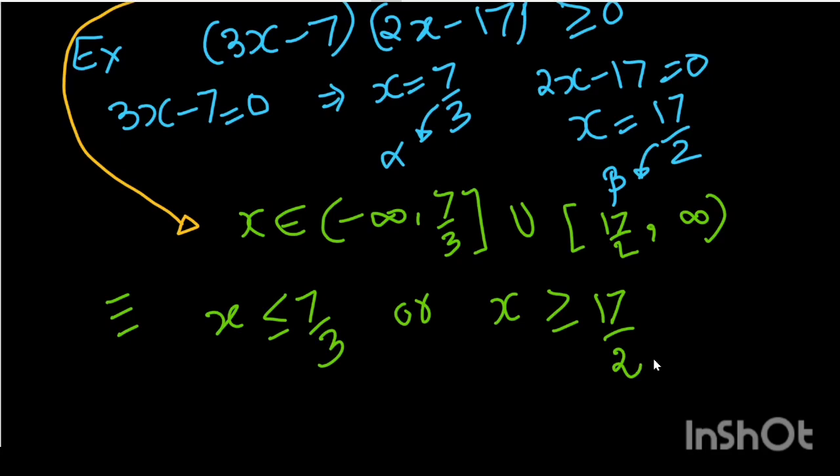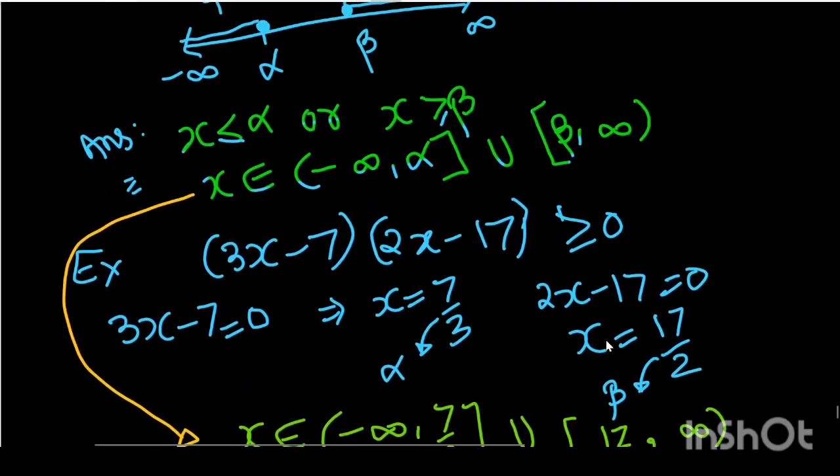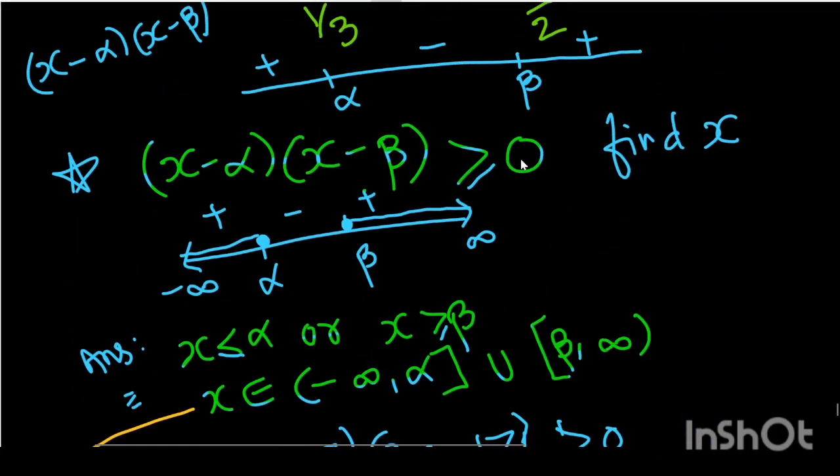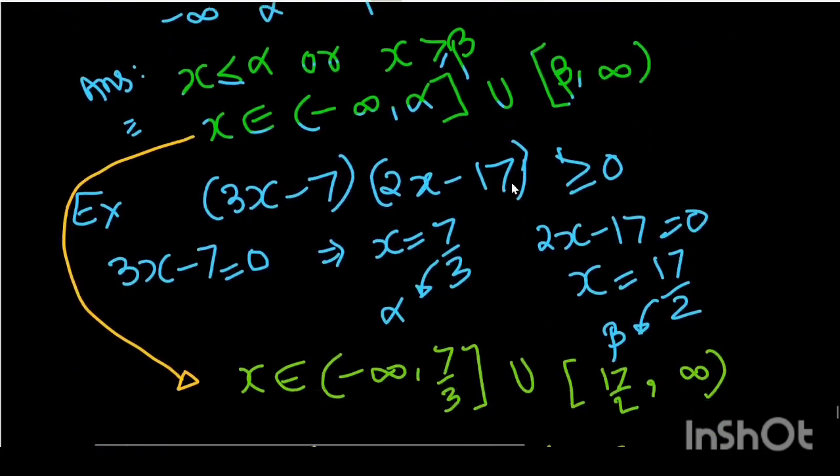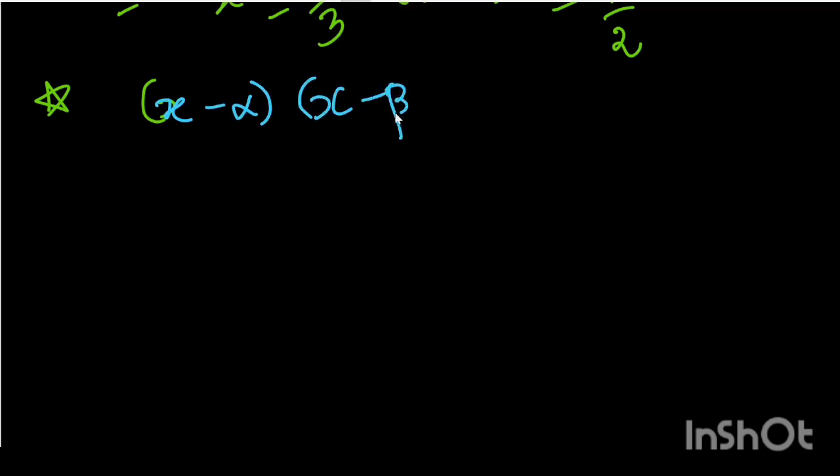Now what if, instead of greater than or equal to, they ask for less than or equal to 0, guys? So let's see that. Next is (x minus alpha)(x minus beta) less than 0.